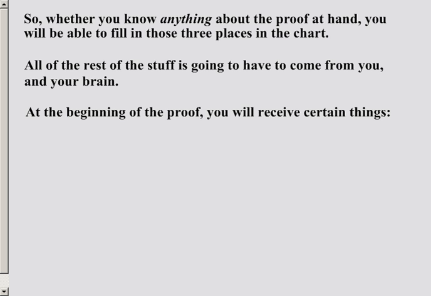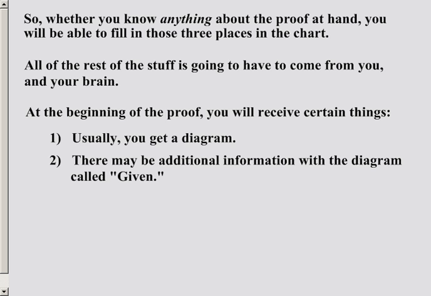Okay. At the beginning of the proof, you're going to have to get certain things. We've already mentioned a couple of them. Usually they give you a diagram. Most of the time with proofs, they're going to draw you some kind of a picture. They're also possibly going to give you some additional information with the diagram, which is typically labeled near the diagram as given information.